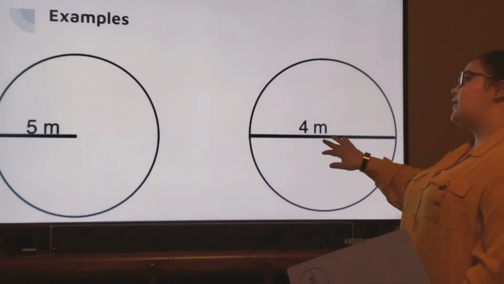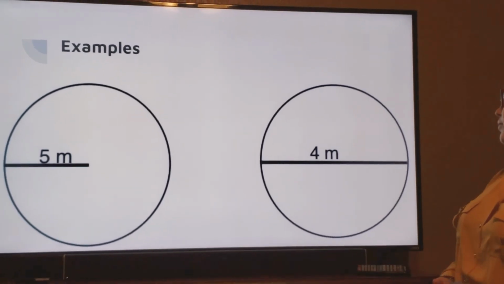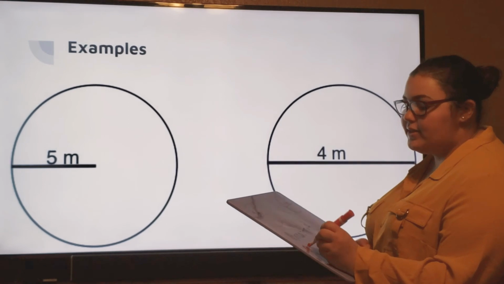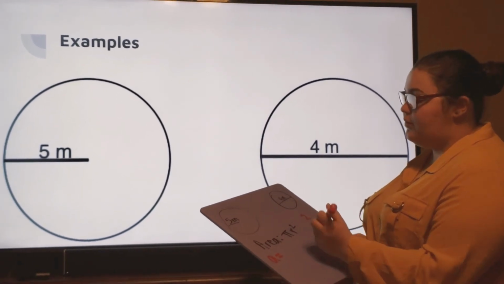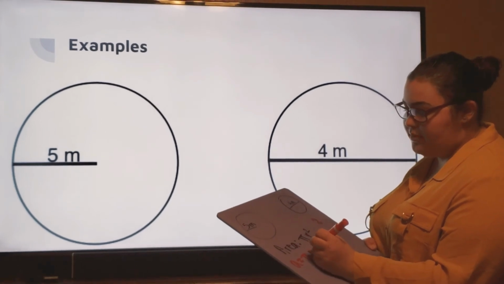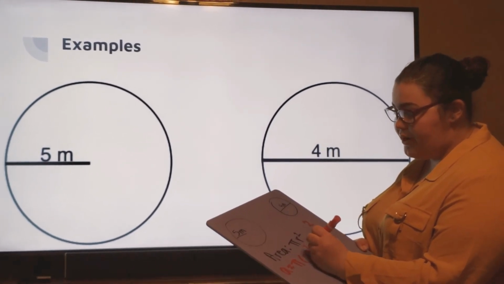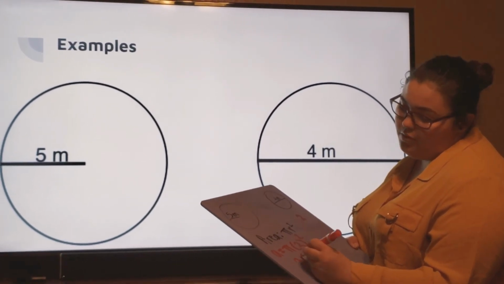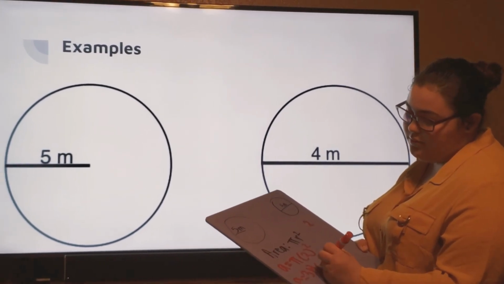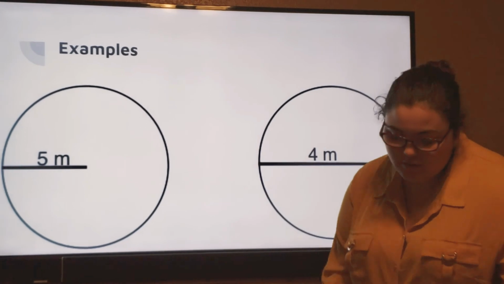So for our second example, the diameter was 4, so remember, our radius had to have been 2, because that would be half of the 4. So area is pi times 2 squared, so 3.14 times 2 squared.